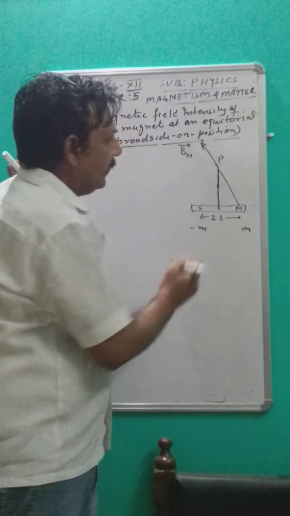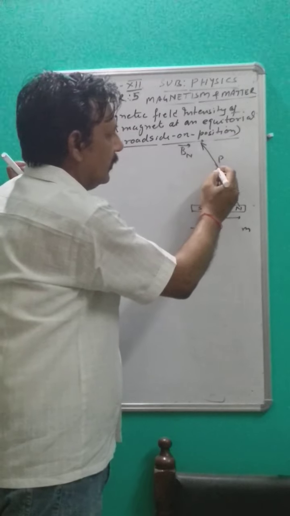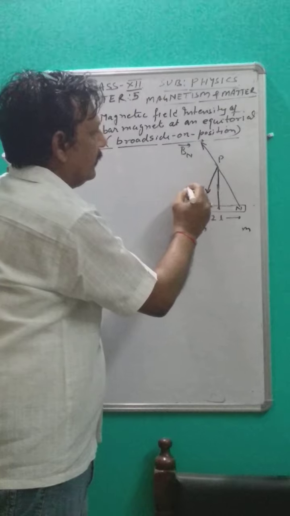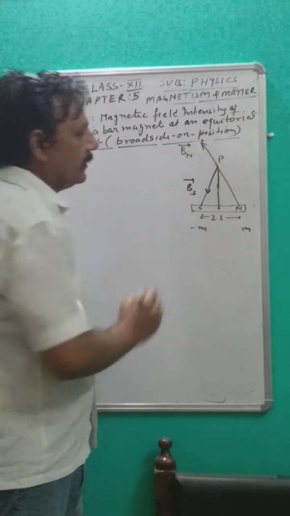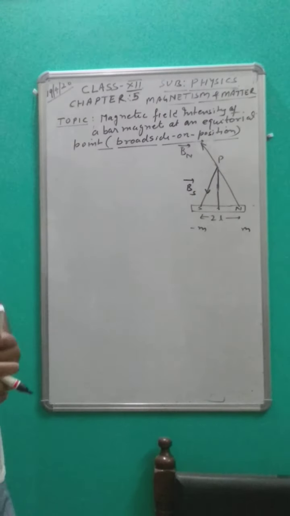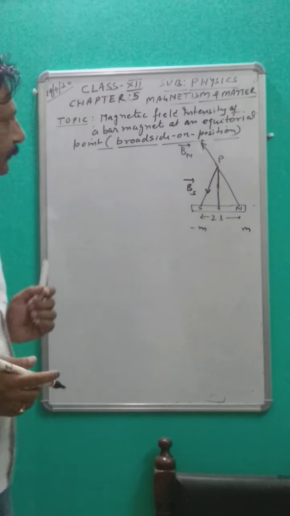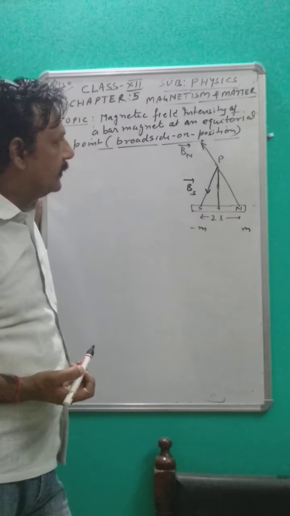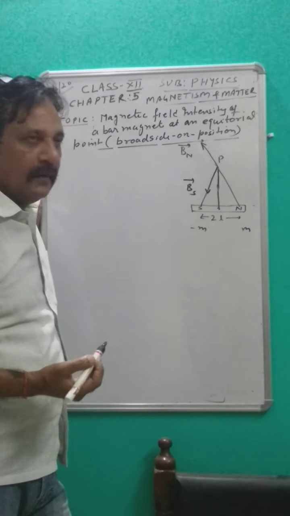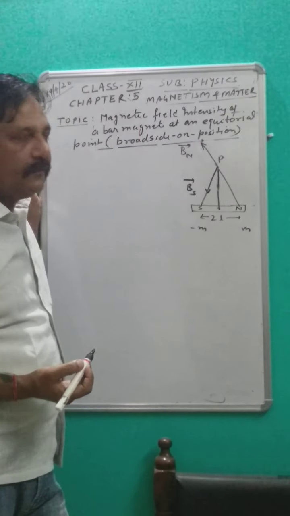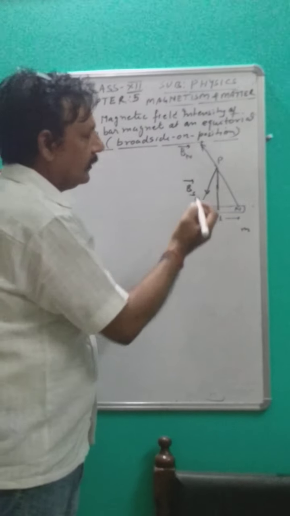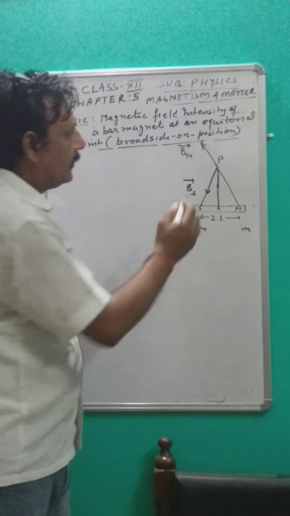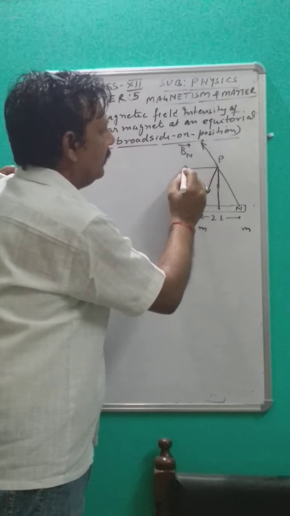Similarly, the magnetic field at point P due to the south pole: join PS, and this Bs is the magnetic field at point P due to the negative magnetic charge. So at point P there are two magnetic fields, Bn and Bs, whose directions are different. The resultant magnetic field at point P will be the vector sum of these two fields, Bn and Bs.